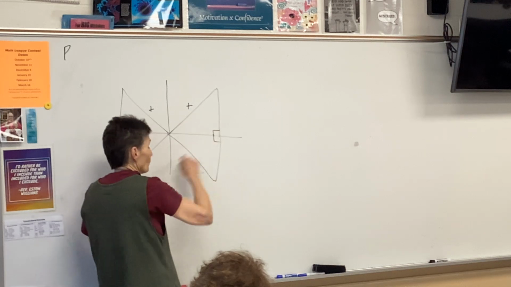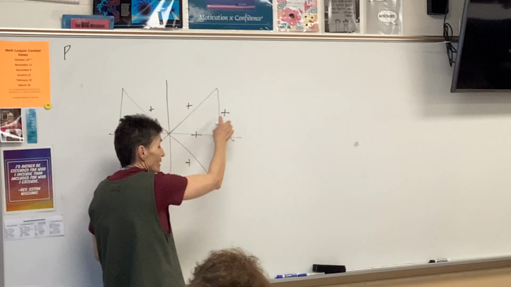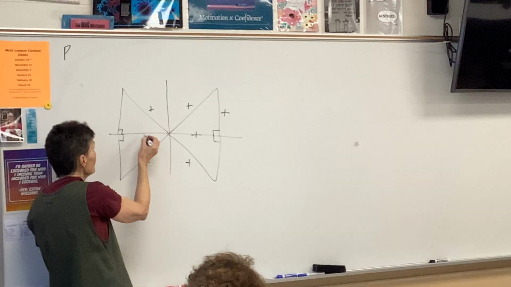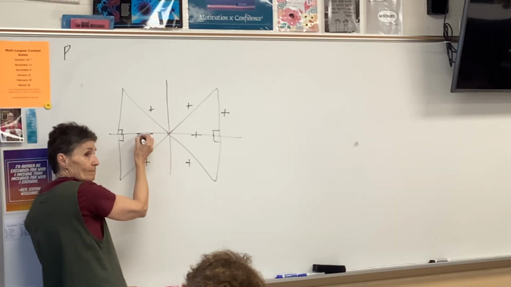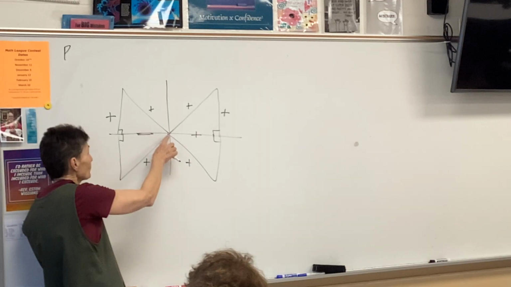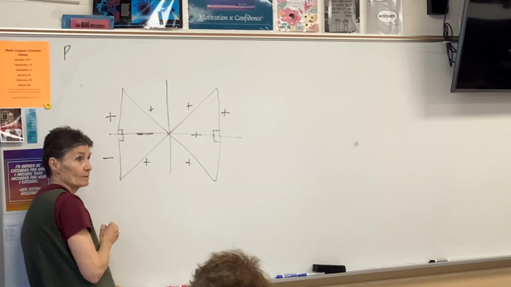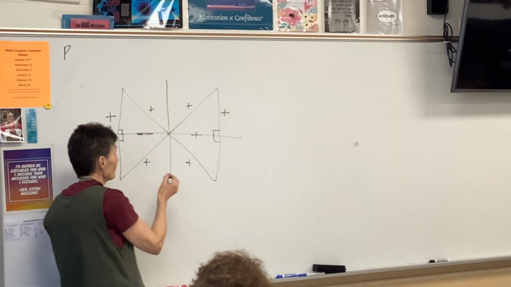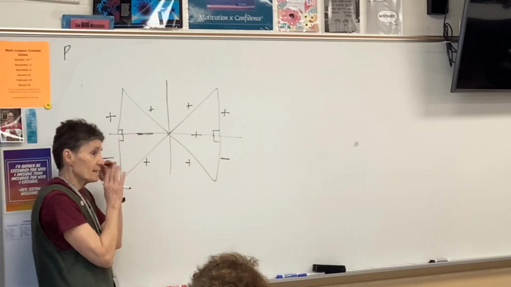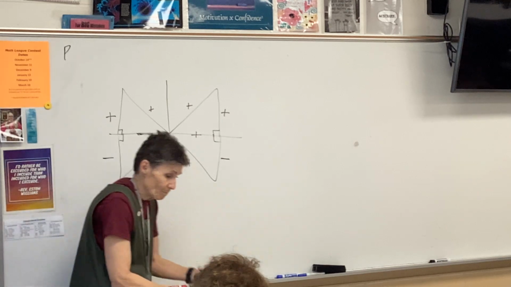If I am in quadrant 1, this is positive and this is positive, right? Everything is positive in quadrant 1. But if I'm in quadrant 2, this is negative and this is positive. In quadrant 3, that's still negative, but this is also negative. And then in quadrant 4, that's still positive, but this is negative. So keep that in mind, draw it if you need to. I think that might help you approach this problem.